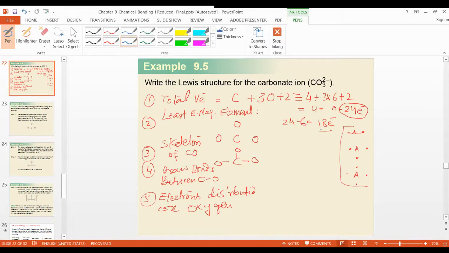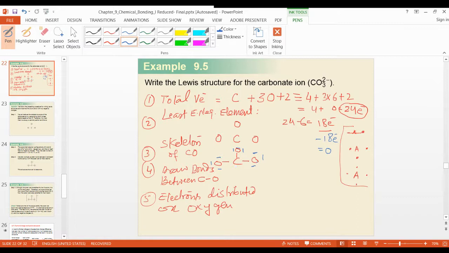So this is 18 electrons. Just distribute to each oxygen to make octets. 2 already here, and now 6 electrons you added. 6 plus 2 is octet. 6 plus 2 is octet. 6 plus 2 is octet. Now 6 multiplied by 3 is 18. So minus 18 electrons, what is left? 0. So what do you put on the carbon? Nothing.